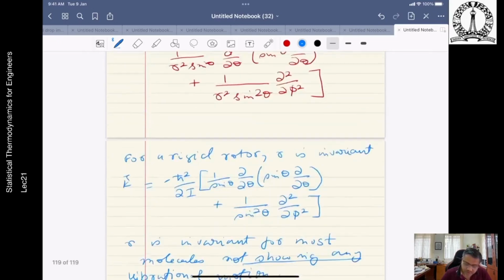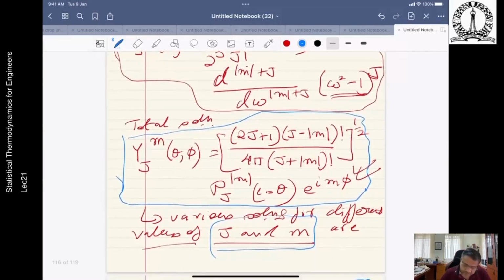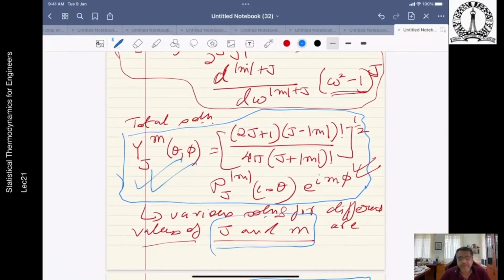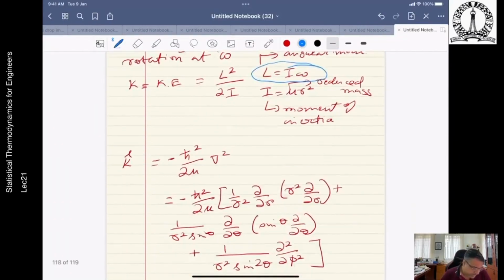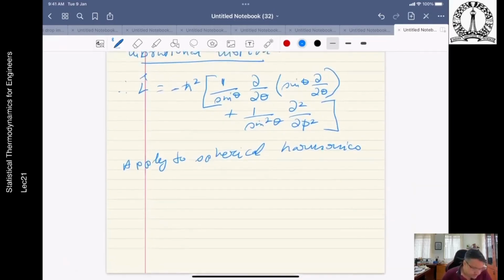Let us just recall what the spherical harmonics were.